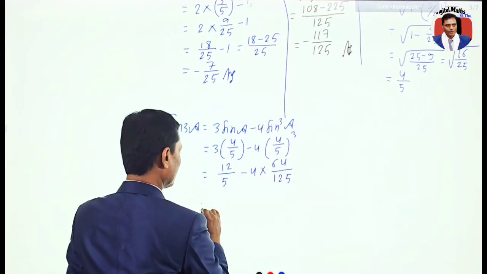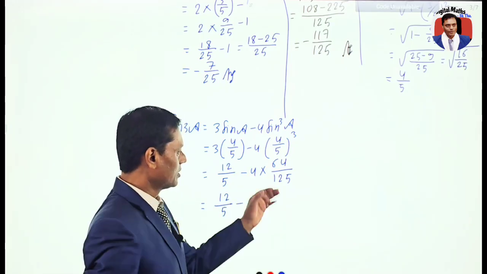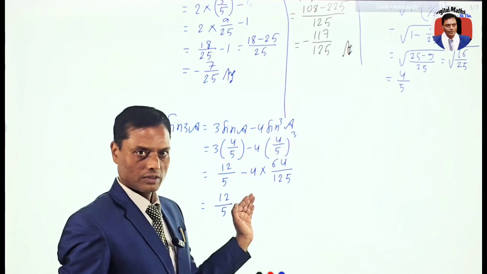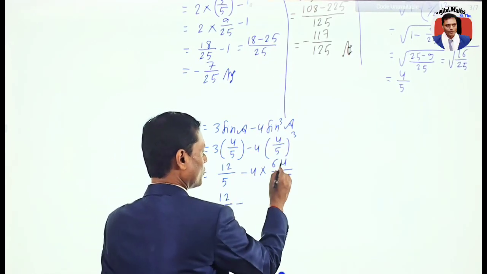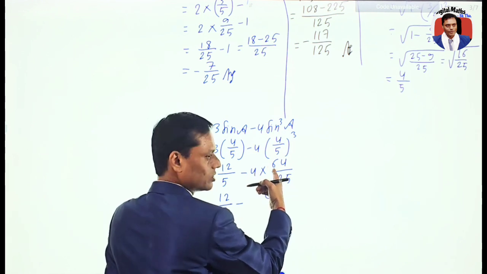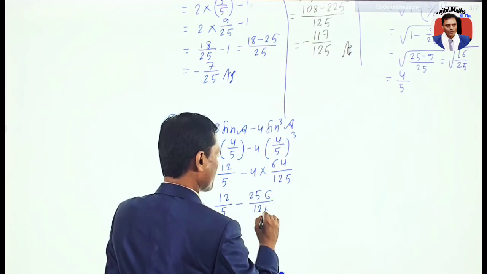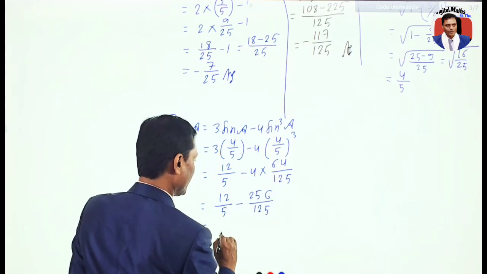Let's multiply it, so we can write here 12 over 5 minus 64 into 4, that's 256, isn't it? Because 4 fours are 16, and 4 into 6 is 24, plus 1 is 25, so you can write here 256 over 125. After that, take the LCM.